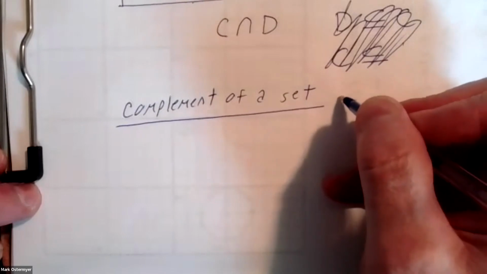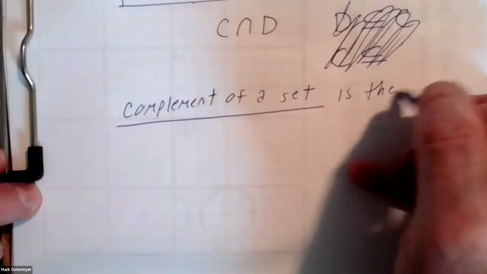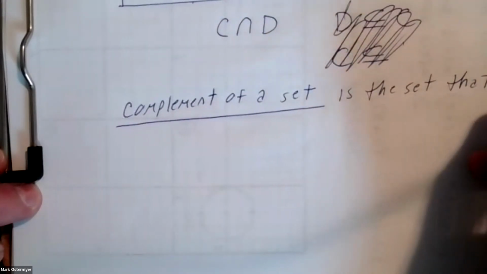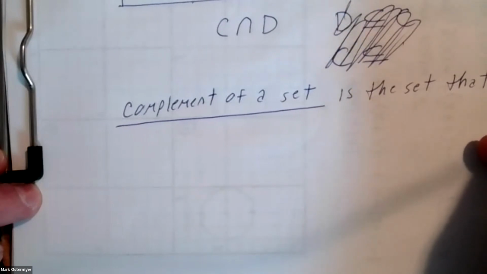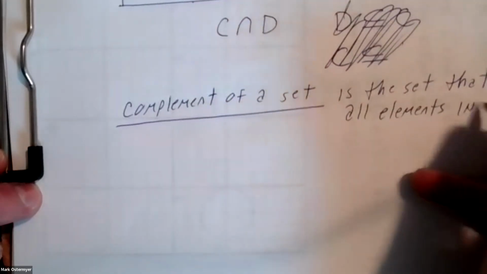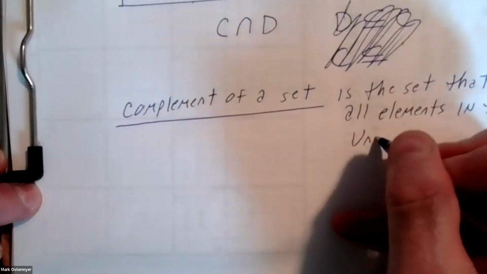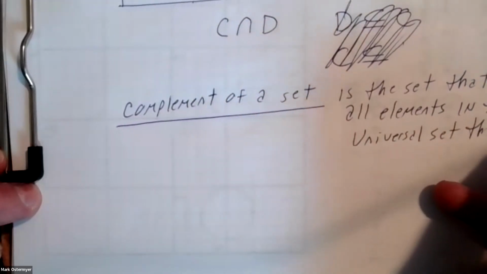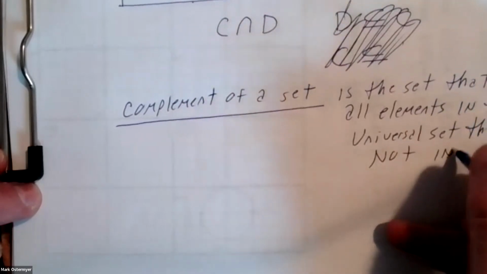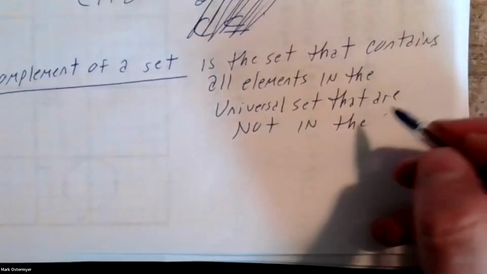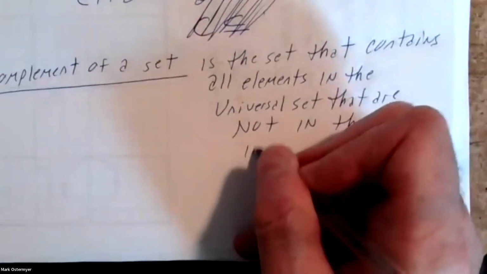The complement of a set is the set that contains all elements in the universal set that are not in the set. A set that contains all elements in the universal set that are not in the set in question.